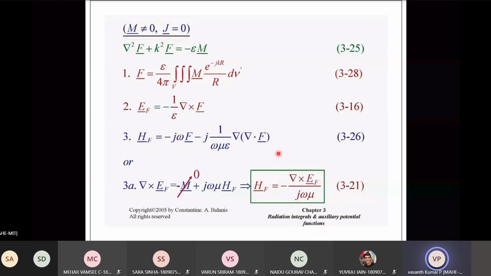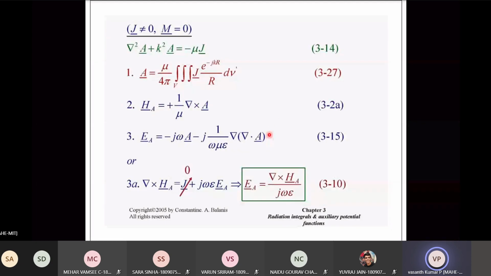And if you have M, using that equation you can find the other quantity. If you go to the previous slide, if you have HA, you can find EA like that. So knowing one, you can find the other one.